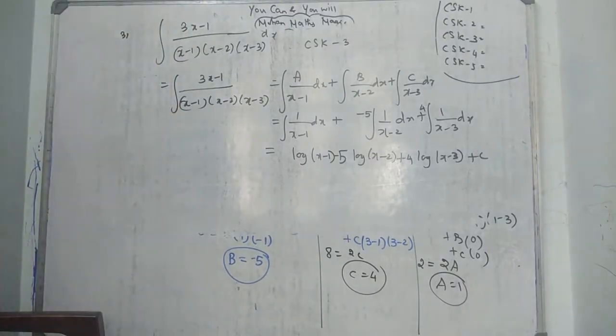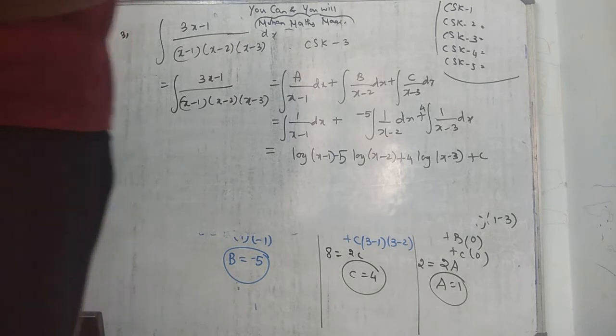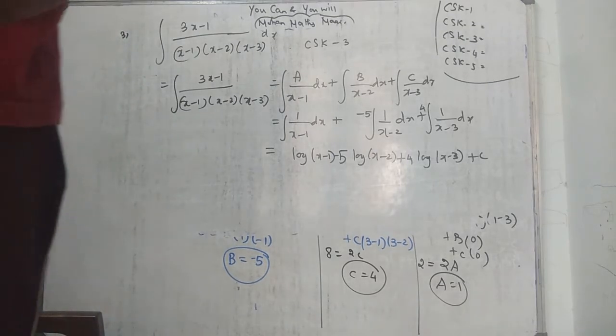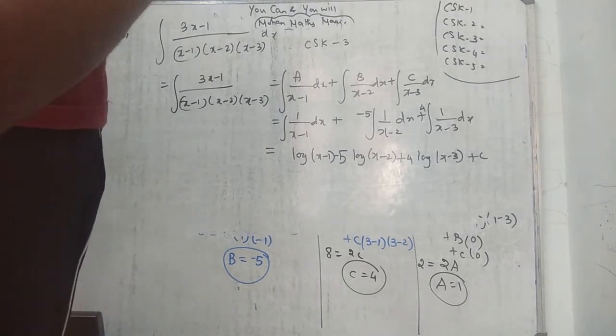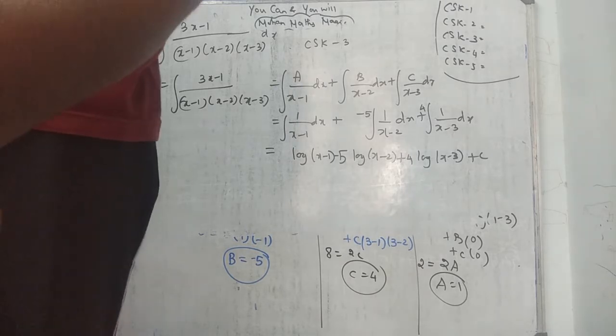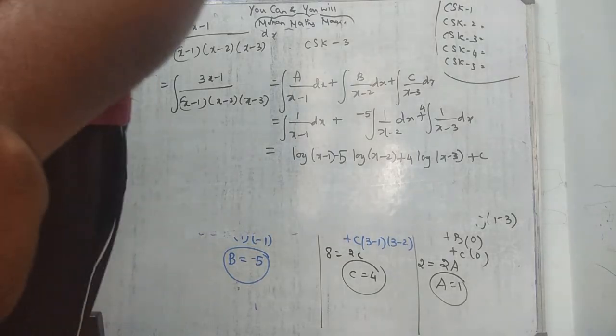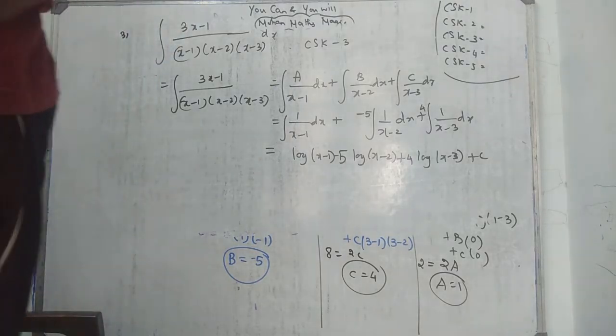Now we have to find out how many sums are there based on CSK 3 that you have to do. Okay, now note it down. Question number 3 I finished off. Question number 4 is CSK 3, as I said earlier.